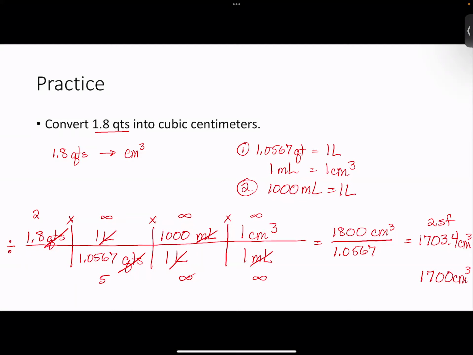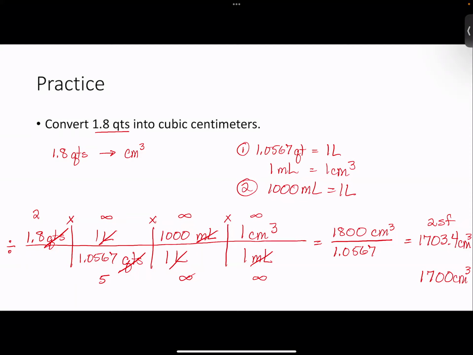Questions? Yes. Why is the 1.0567 not infinite if it was one of the conversion methods? Okay, so the question is, why is 1.0567 not infinite since it's a conversion factor? The answer is because it is a measurement.